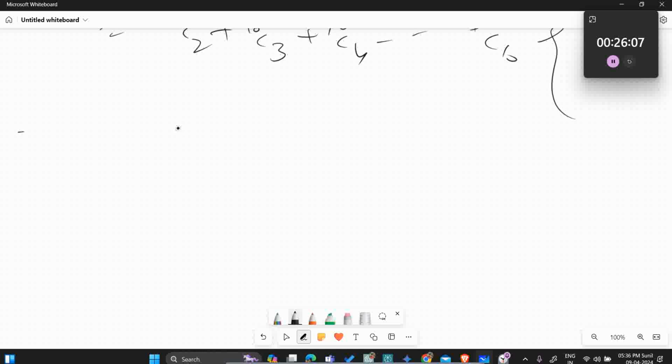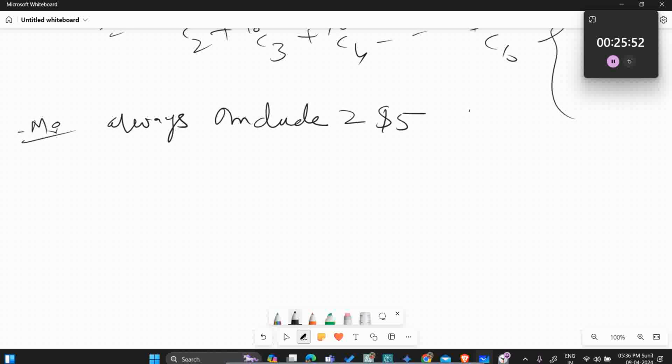And a little bit of modification in this also: always include 2 and 5. Right. So always include 2 and 5.